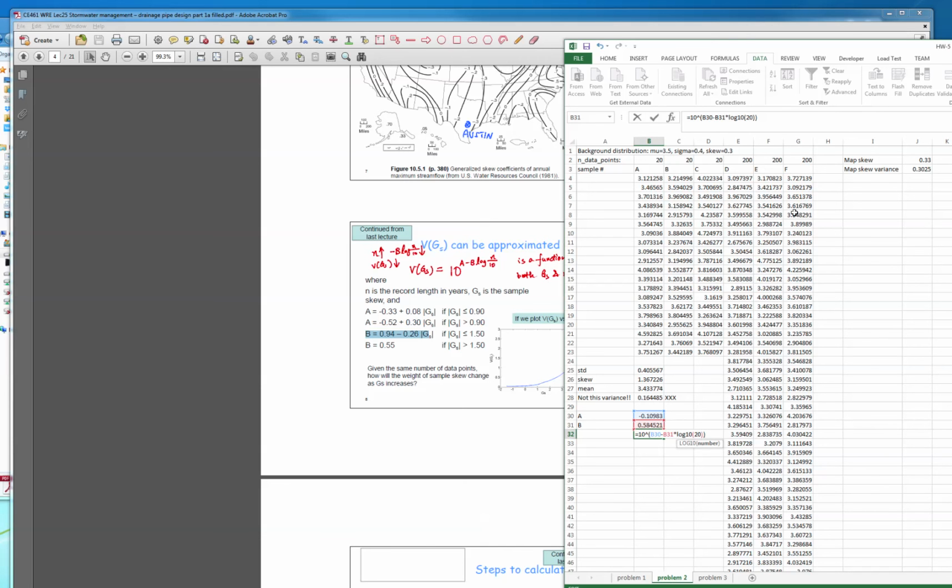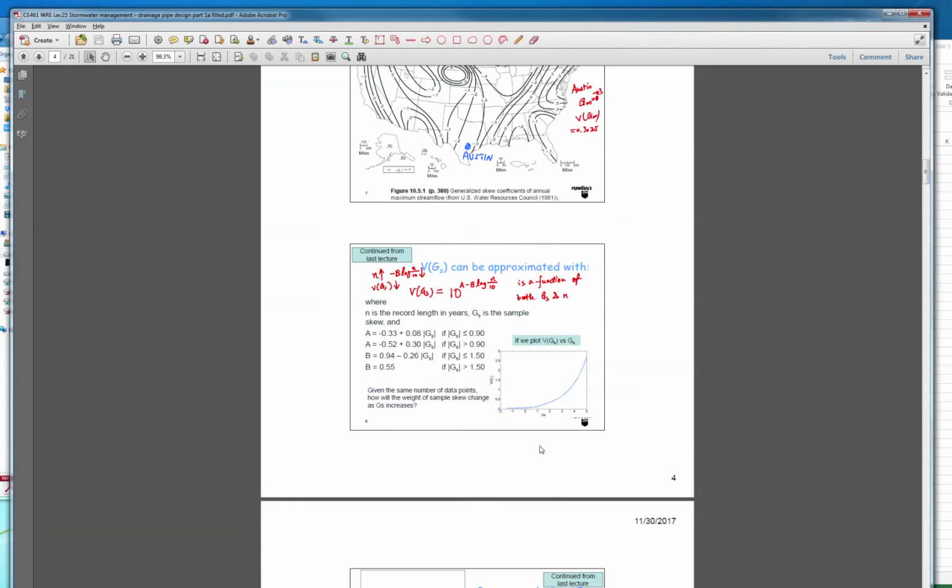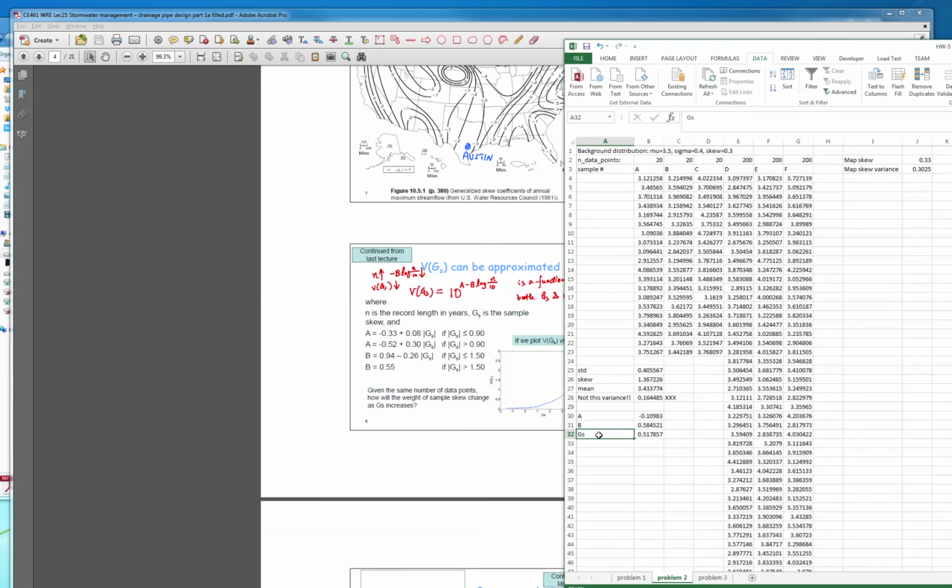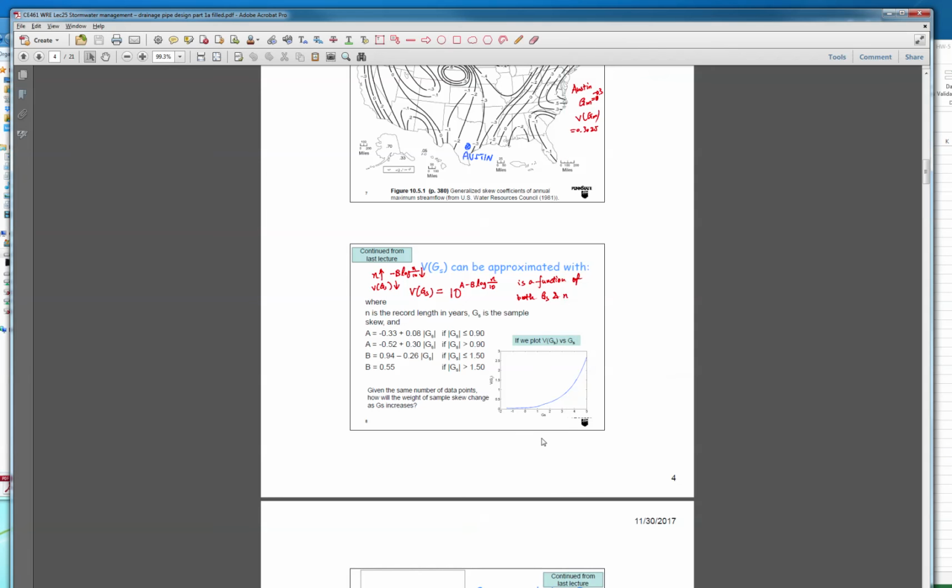Remember, if you're working on F, the n is no longer 20. Take that, and that gives us 0.5173. This is the variance of the sample skew, VGS.